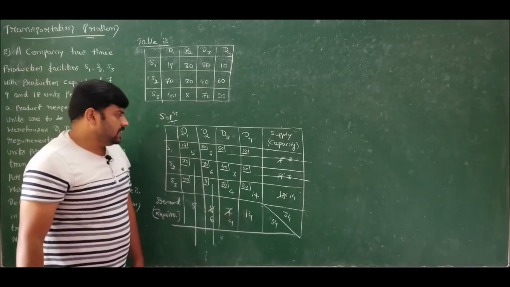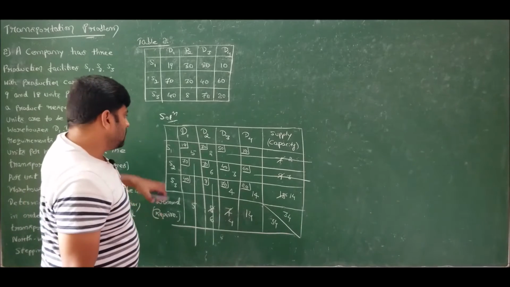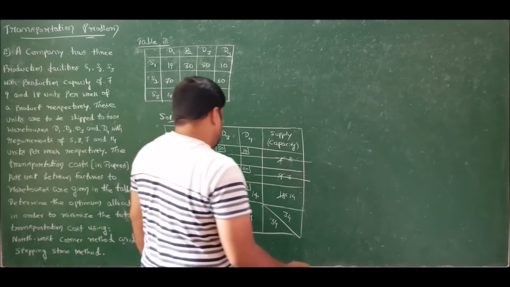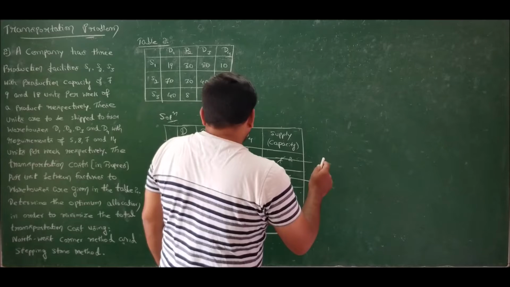So we have done the initial basic feasible allocation. Let us check how much is the cost and also rewrite the table.